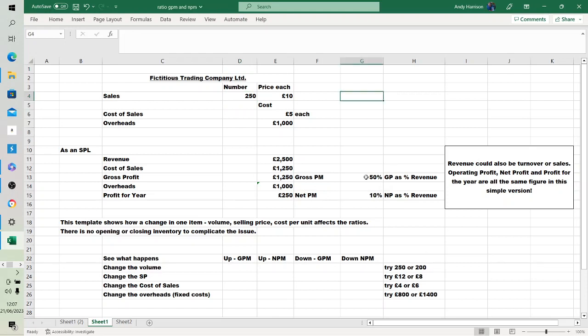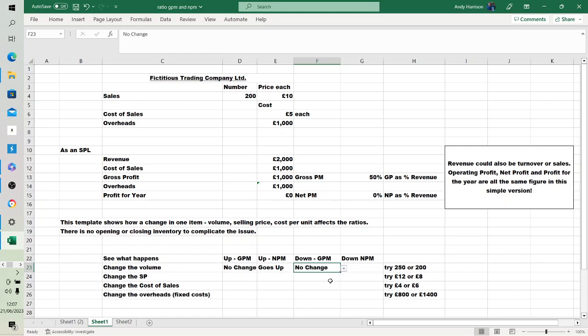So the 50% stays the same because the selling price and the cost per unit are exactly the same, but we're splitting the overheads over more units, so the net profit, which would normally just follow the gross profit, in this case goes up. And if we sold less, no change again to the gross profit margin.